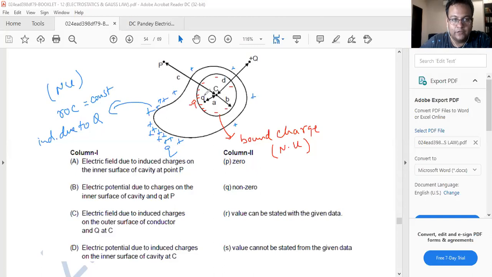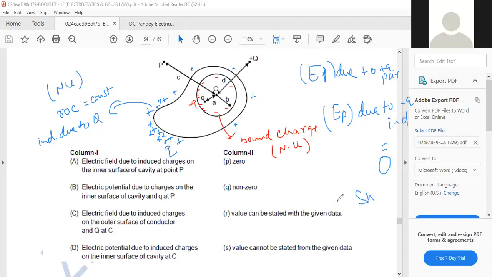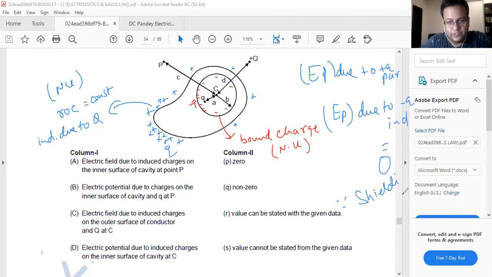The electric field at P due to the charge particle plus the electric field at P due to the minus Q induced charge will add up to 0. Why so? Shielding. Same in magnitude, because of this reason.